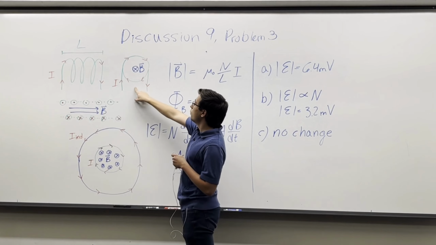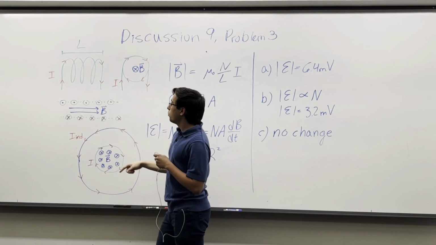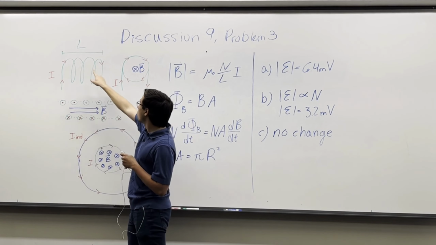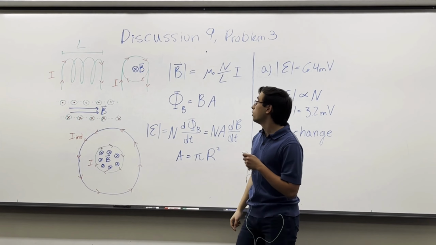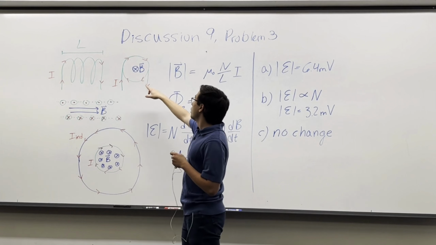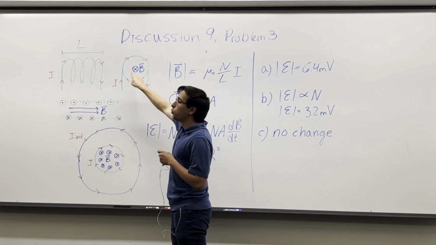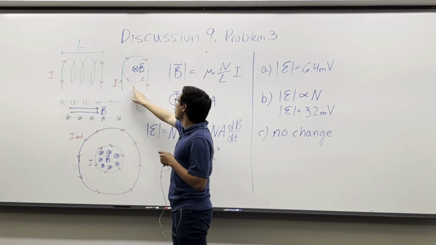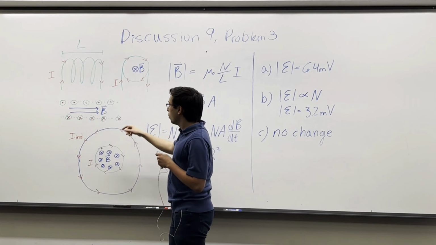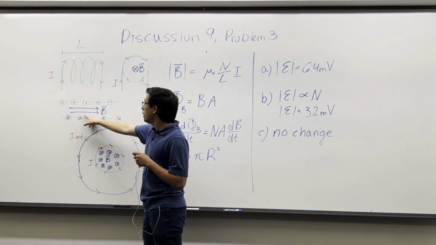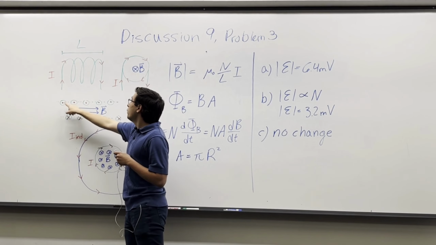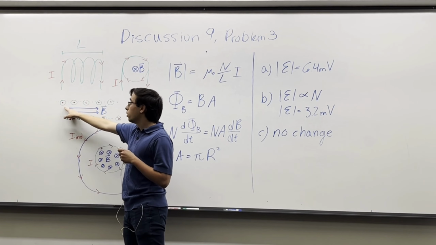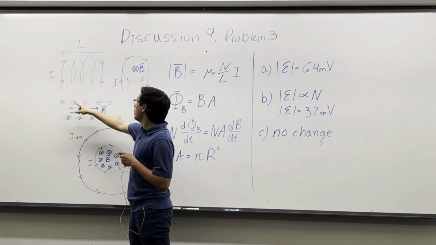In each case we have a current flowing through our coil, and this current produces a magnetic field, which is into the board if we're looking at the solenoid from this perspective, or from left to right if we identify the points where the current is going through the board in our solenoid.